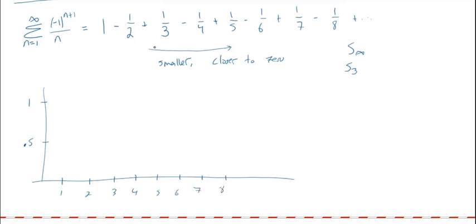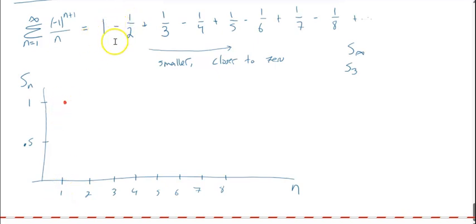Now, this would be the n value, and I'm going to graph S sub n. So, for example, S sub 1 would be just the first term, because I only have one term. So I'll graph these in red. That would give us a value right there.